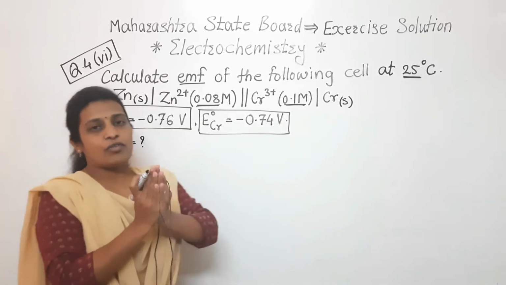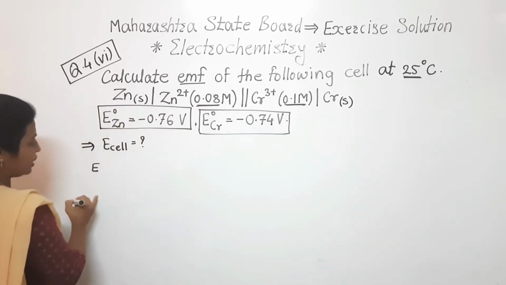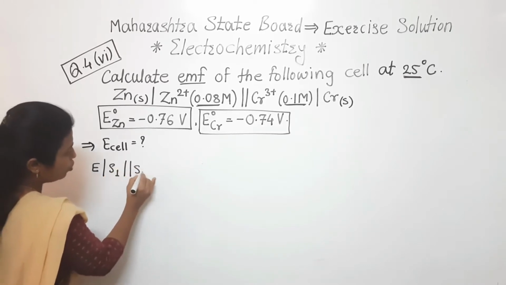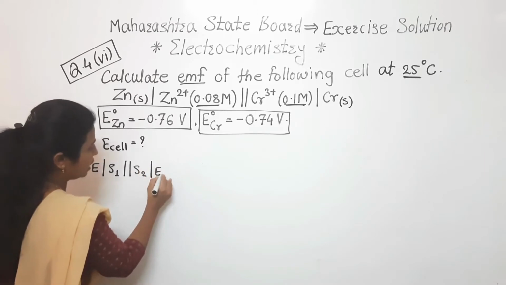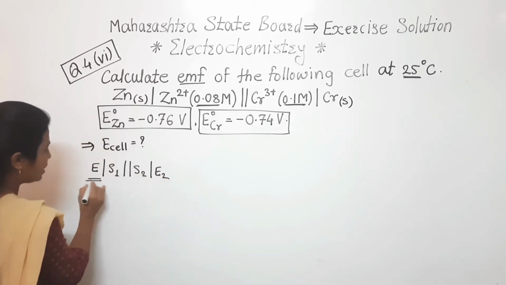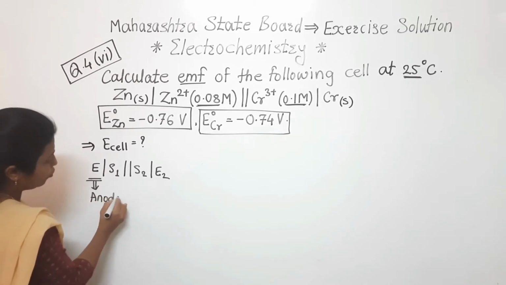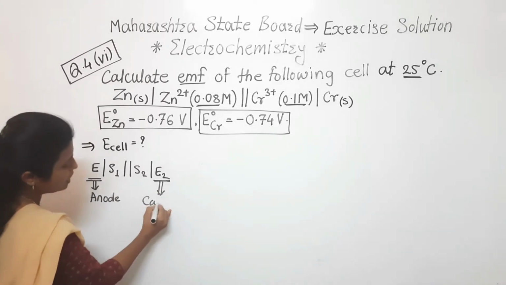As we know that when cell representation is there, we write one electrode, after that one solution. These two solutions are connected by the salt bridge, and again the second electrode. So whatever left hand side electrode is there, that is always anode, and whatever electrode is present at the right hand side, that is always cathode.